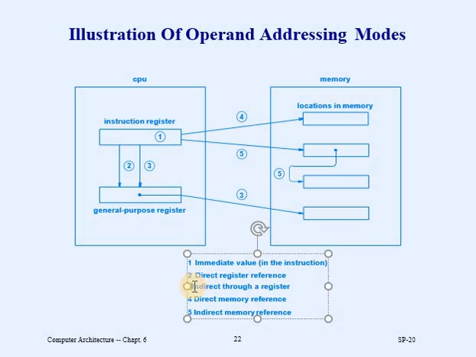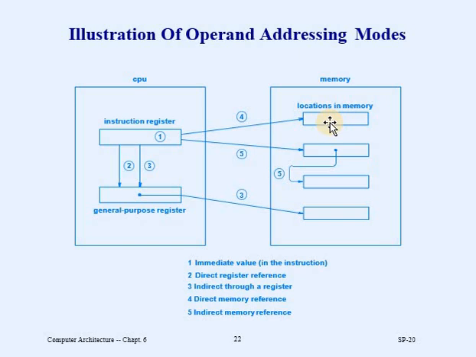Okay, after this let's go towards the fourth one, which is the direct memory reference. In this fourth one, you can check that the CPU is directly accessing the memory. In the first step, it is directly accessing the memory, and the location in the memory has the value of our operand.